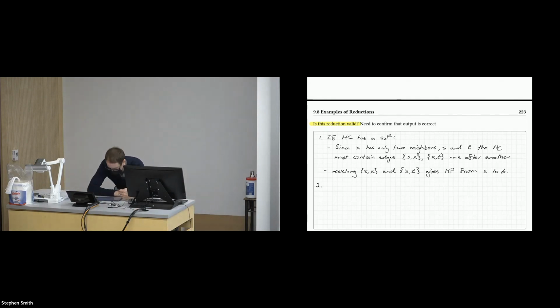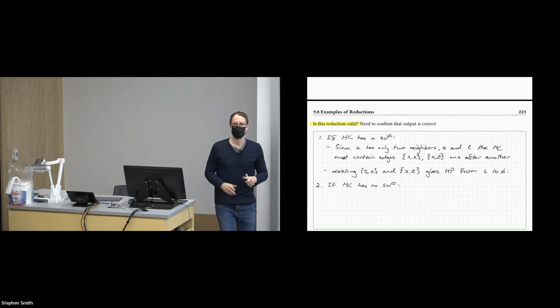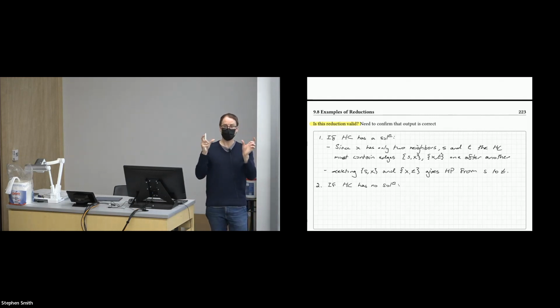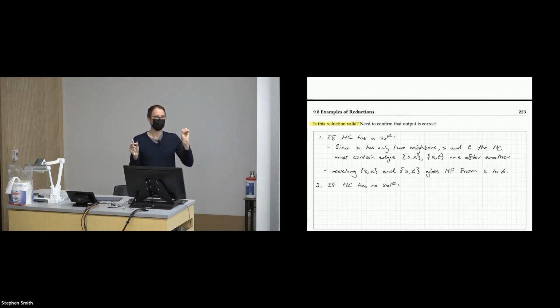Two is, if HC has no solution, then I want to show that HP has no solution. There's a little trick in logic that I can use here. What I'm trying to show right now is not HC implies not HP, right? No Hamiltonian cycle implies no Hamiltonian path.